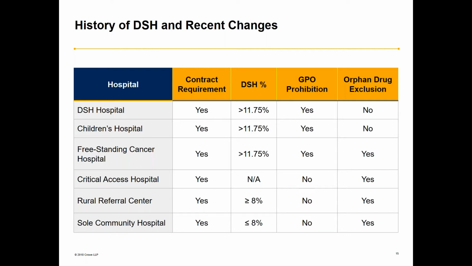One of the issues around this is that CMS thinks that maybe some hospitals are not using this funding to pass services on to patients, but maybe to increase profits. So that's one of the areas they were looking at and why one of these payment decreases happened.